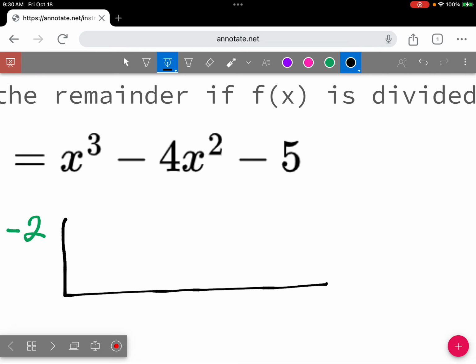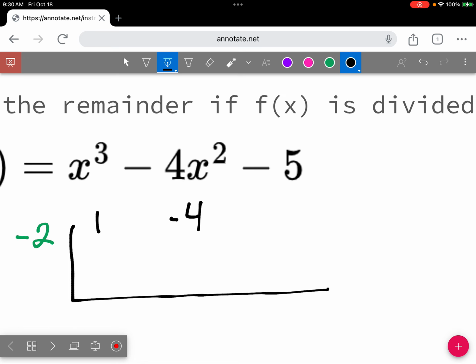And then we use our coefficients, not skipping any, and going down. So my 1x cubed, negative 4x squared, 0 x's, minus 5.